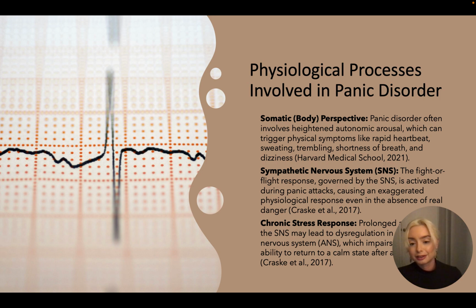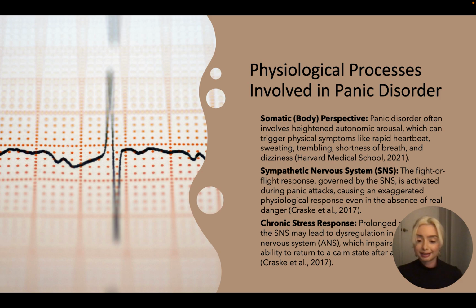The next physiological process we'll look at is the SNS, or sympathetic nervous system. This is our fight or flight response, governed by the SNS. So it's activated in individuals who struggle with panic disorder or who have frequent panic attacks. This can often cause an exaggerated physiological response, even in the absence of real danger. Sometimes they can be triggered by going to a supermarket or the airport or different environments that can trigger their nervous system.